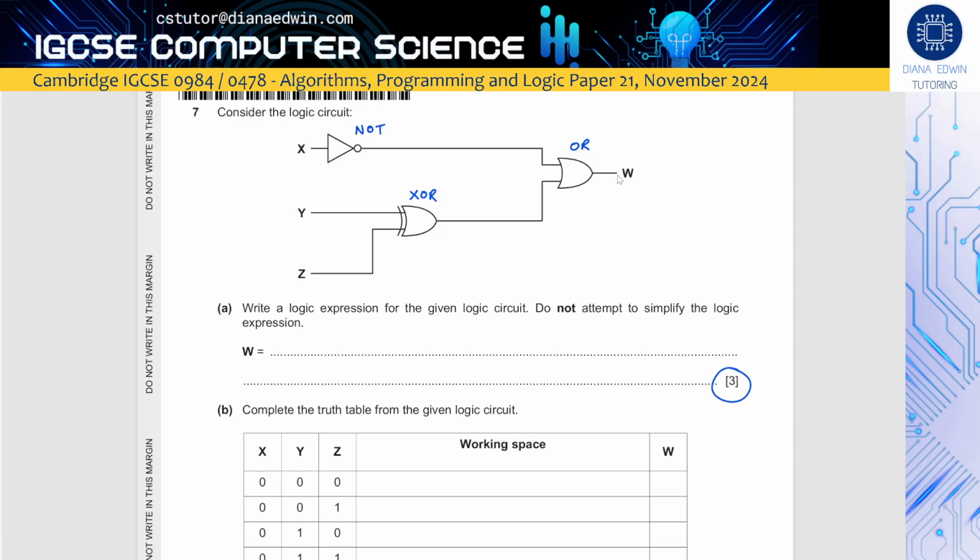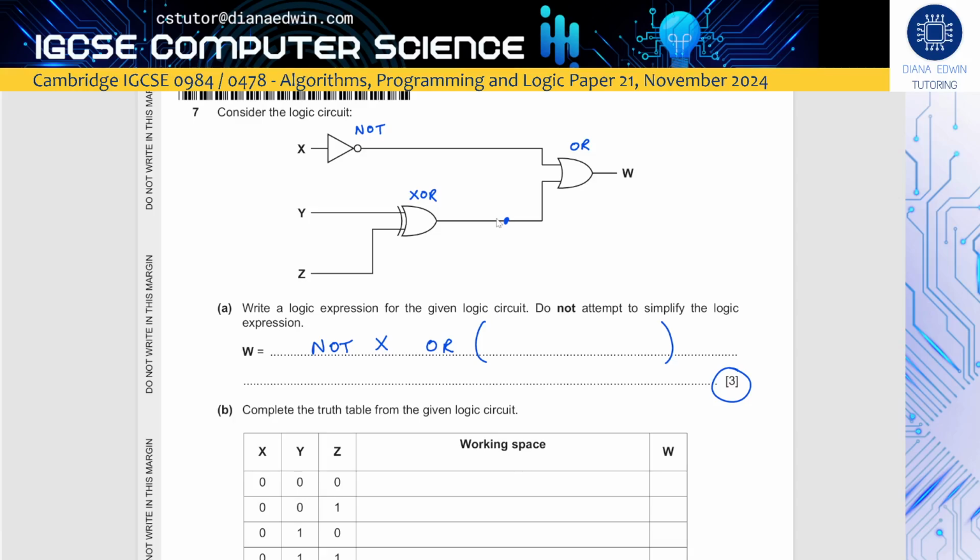So W, my output at W, is going to be equal to something OR something else. Let's work out what the top one is. Well, the first one is just NOT X. That's what I've got going into the OR gate. So it's NOT X, OR, and then the result of what's happening here.